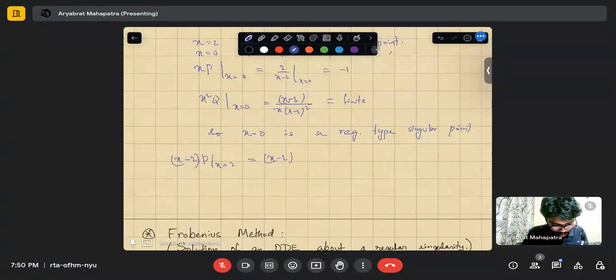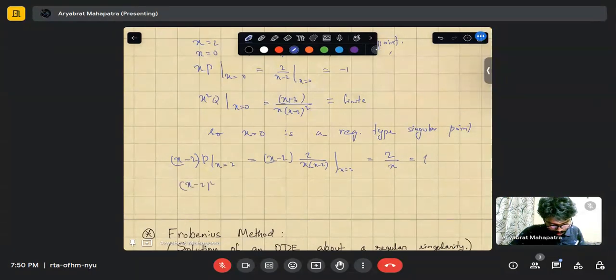That will give you 2x over x minus 2, so checking at x equals 2, you will see 2 by x, so this will also give you 1. So it is not infinity.